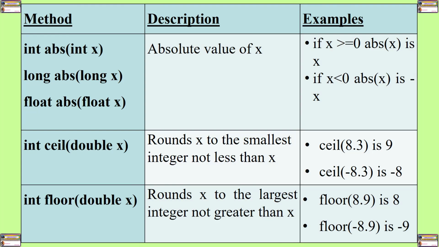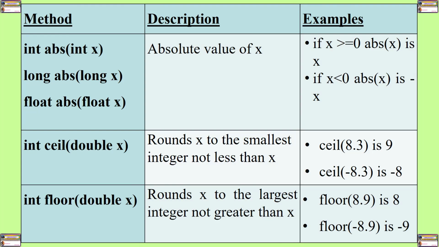If you pass negative 8.3 to ceil, it will return negative 8.